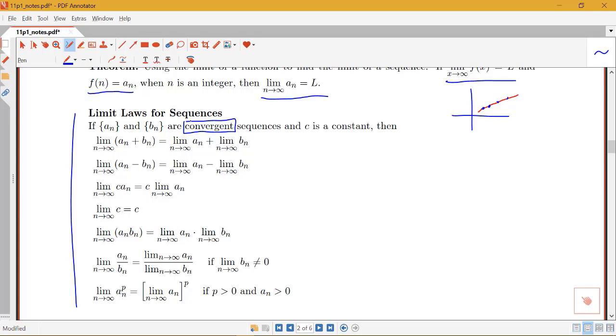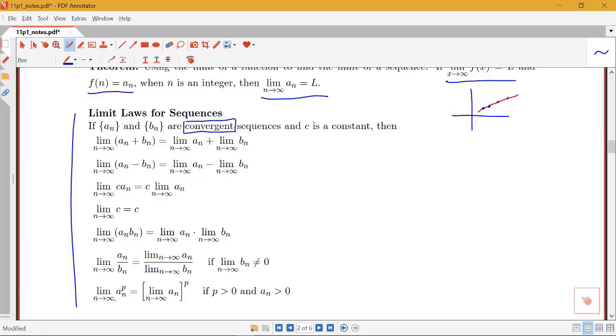But if they both converge, then the limit of the sum of those sequences is the sum of each of the individual limits, and the limit of the difference is the difference of those two limits. If we have a constant times our sequence, we can pull that constant out in front of our limit. The limit of a constant is still that constant as n goes to infinity. The limit of a product is the product of the limits. The limit of a quotient is the quotient of the limits, as long as the denominator is not 0.